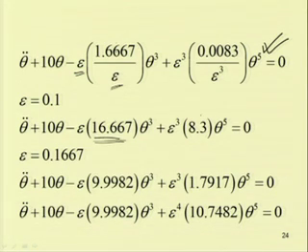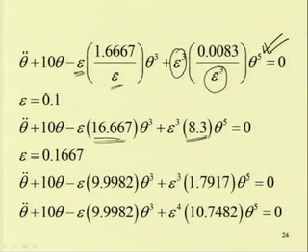And here also, we have multiplied this term by epsilon cube and divided this term by epsilon cube. So here the coefficient becomes 8.3 and here the coefficient becomes 16.667.